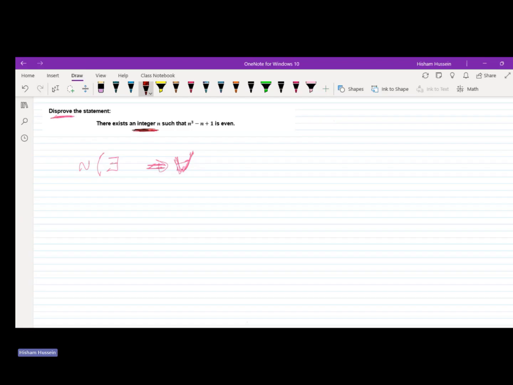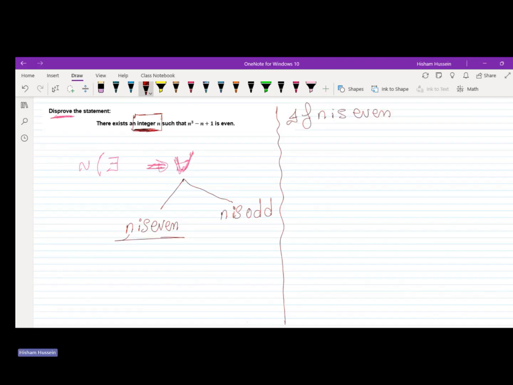So we need to provide a proof for n is even and n is odd, as we identified before. We provide a proof for both cases. If n is even, n equals 2k.